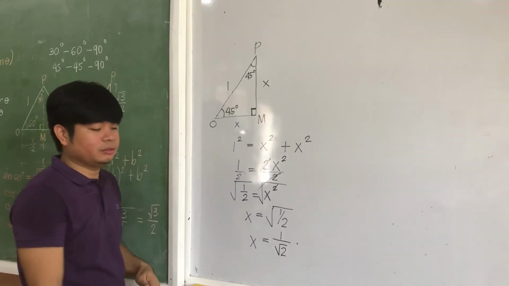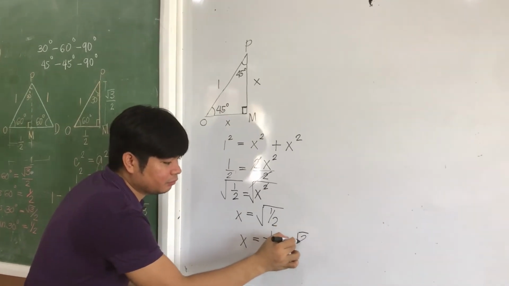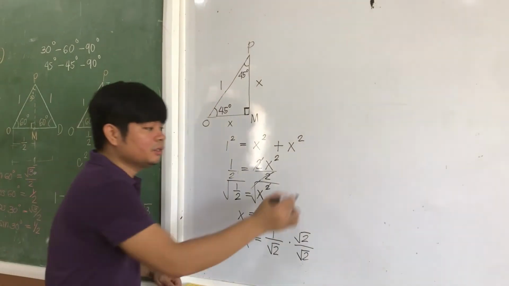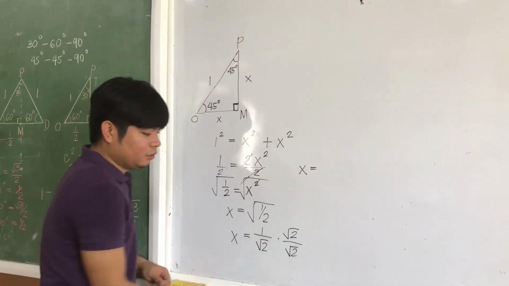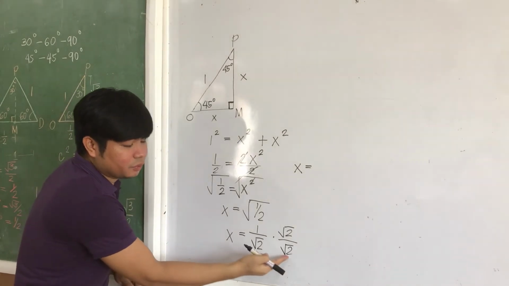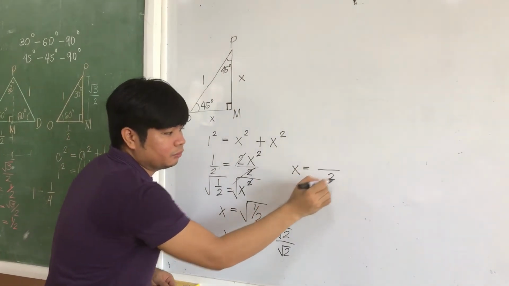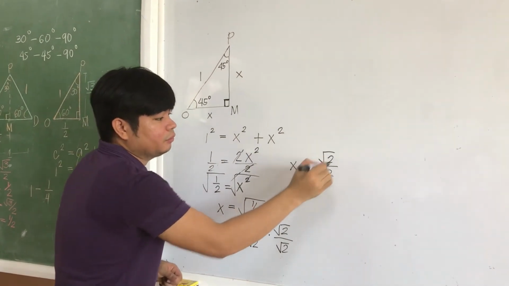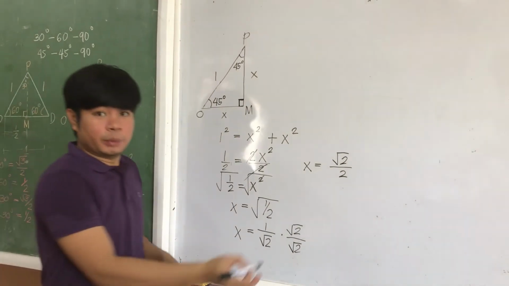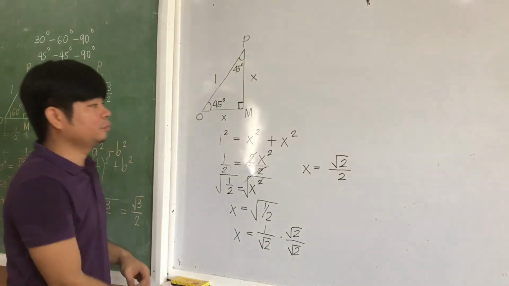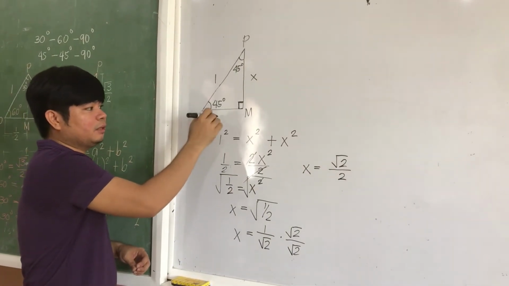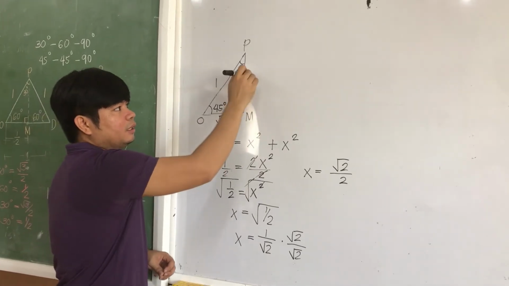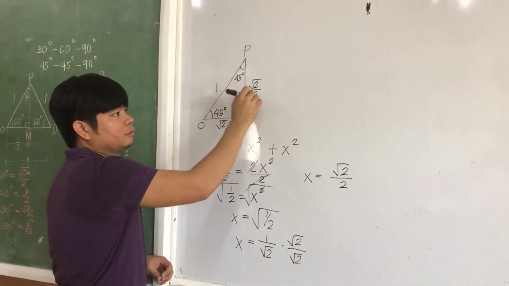Rationalizing 1 over square root of 2, multiply that by square root of 2 over square root of 2. Okay, so x is now equal to: square root of 2 times square root of 2 is simply 2, and 1 times square root of 2 is square root of 2. So x is equal to square root of 2 over 2. So this will now be square root of 2 over 2, and so with the other, square root of 2 over 2.